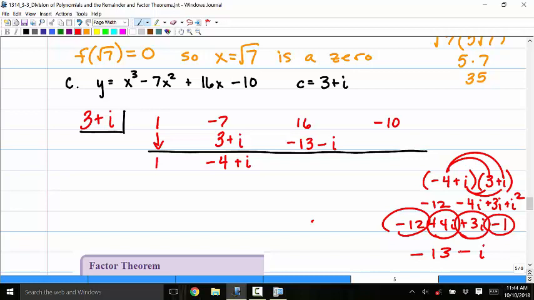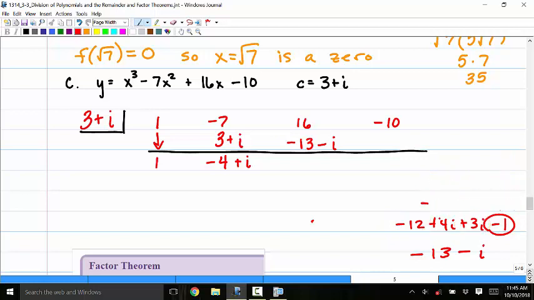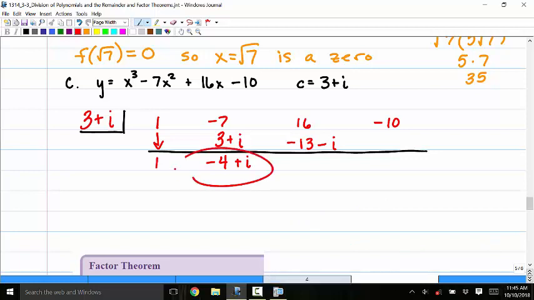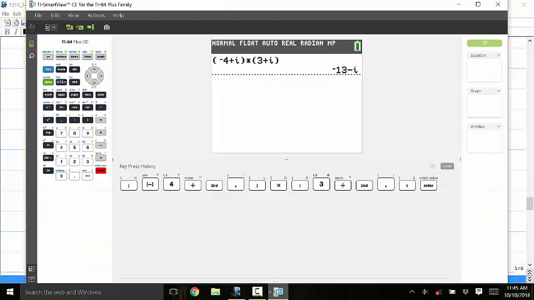Yep. Can I show you on the calculator again? Go to your calculator. You're going to type in exactly this times that. How do you get the i to come up?